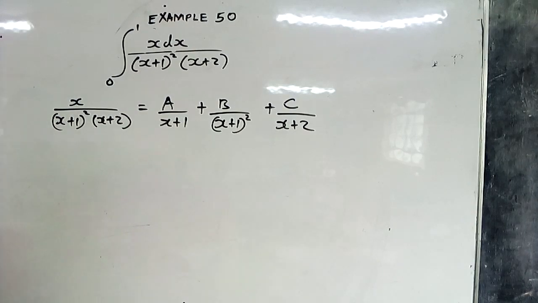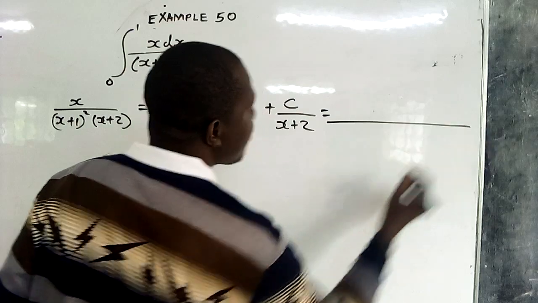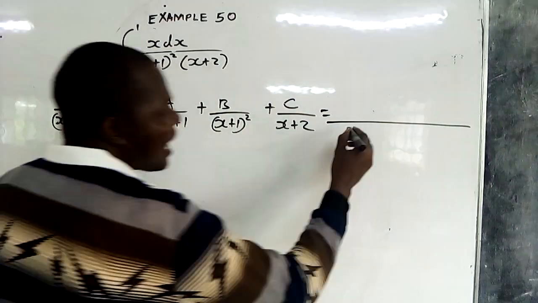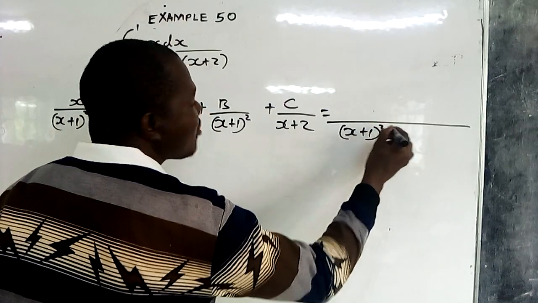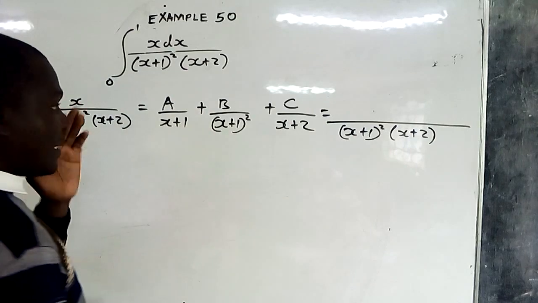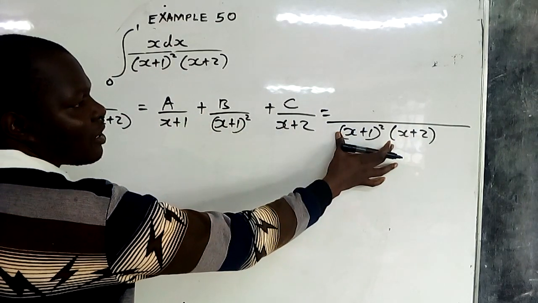So we are done. From there, we look for the LCM. Remember, the LCM must be what is here, isn't it? So the LCM is (x plus 1) squared times (x plus 2). So you start: x plus 1 goes here how many times?